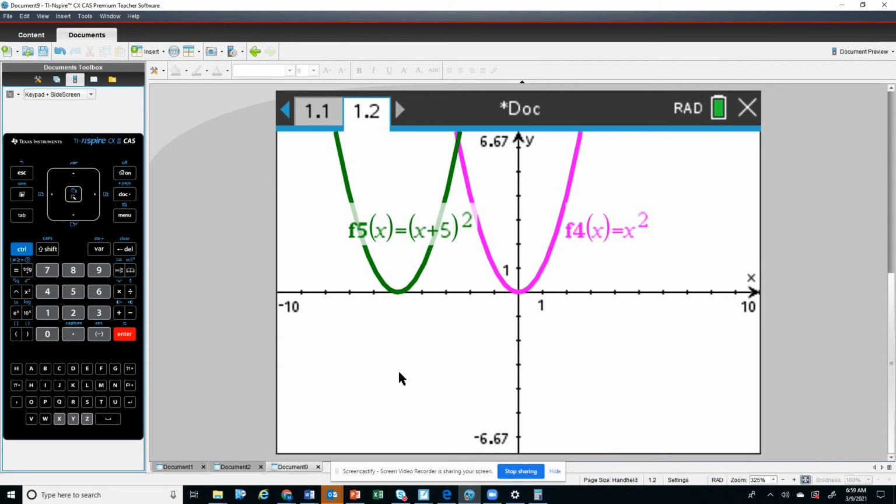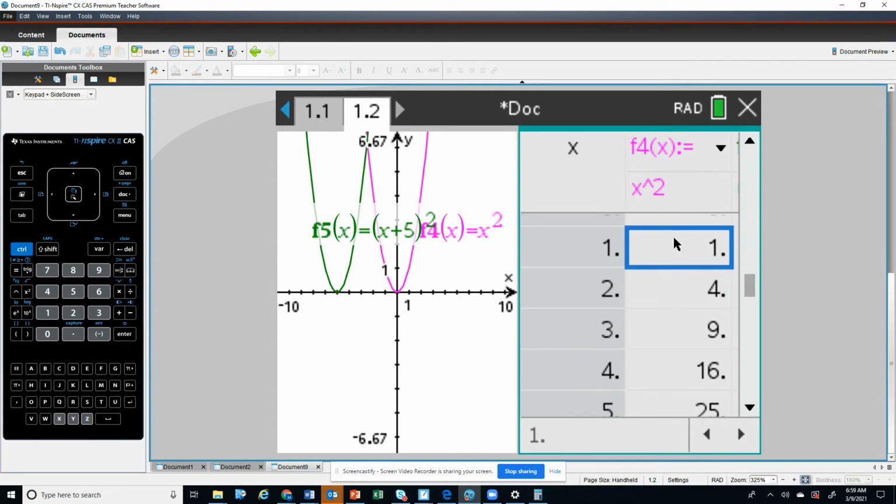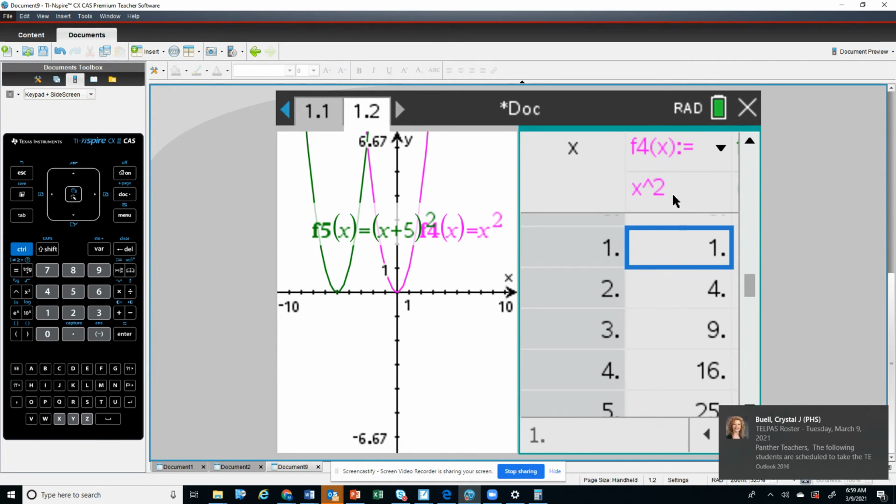Now we're going to look at the tables, and we're going to see the same thing. So I'm going to pull up the tables. Look on the y column for where there's a 0, and you see -5 on the other side. So let's look at tables. Control T. Okay, so this right here is the x squared graph.